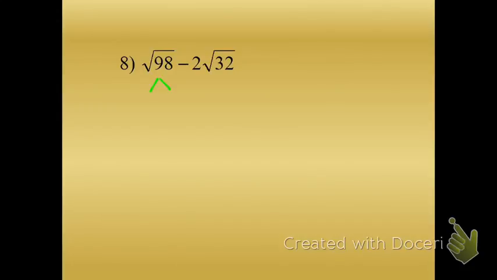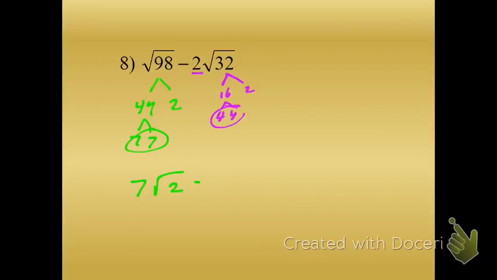split 98 up, 49 and 2, and 49 goes 7, 7, so square root of 98 goes 7 square root of 2, minus 32 goes 16 and 2, 16 goes 4 and 4.